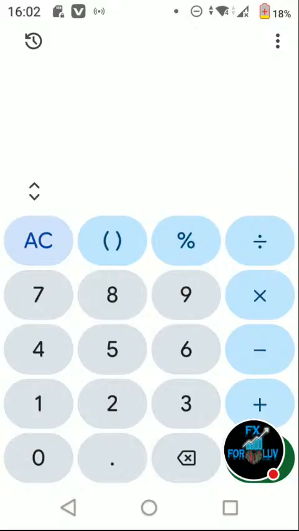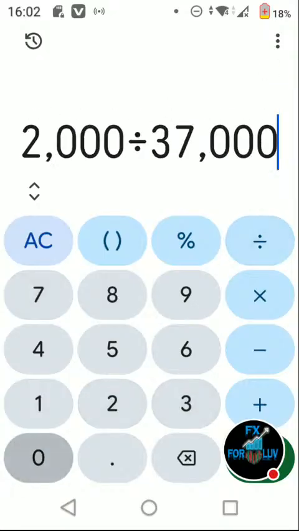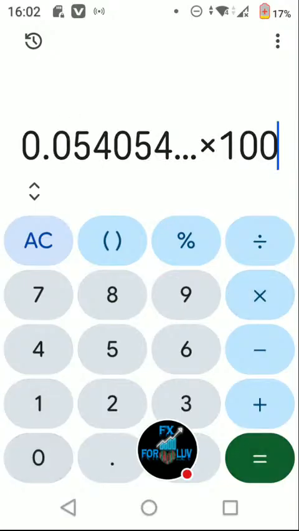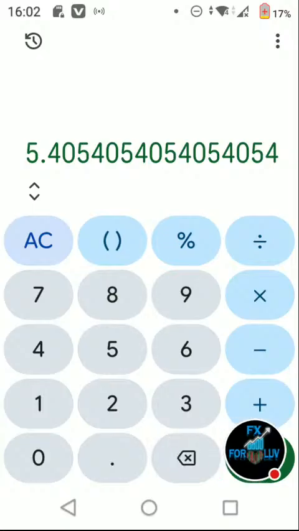Look at your account in terms of percentages. 2,000 Ugandan shillings divided by 37,000 times 100 is 5.4%, guy. You're making 2K from 37K and you're like, bro, that is small money. That's no money. But guy, that is 5%. Let me tell you the truth and reality.